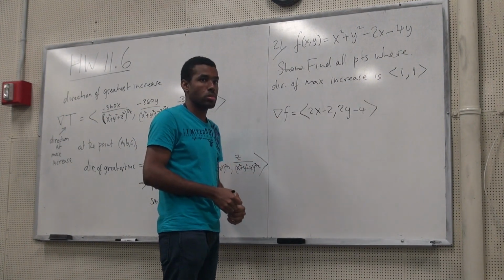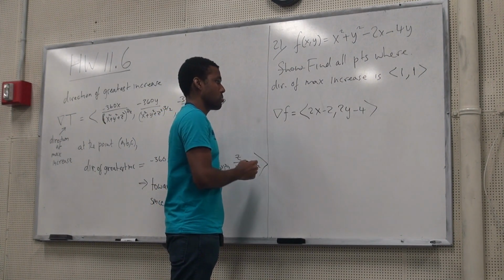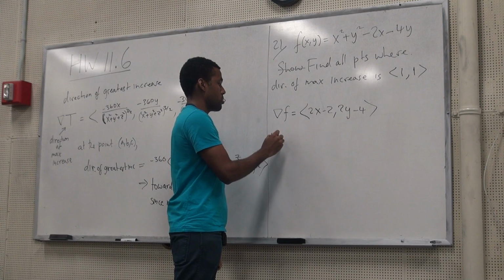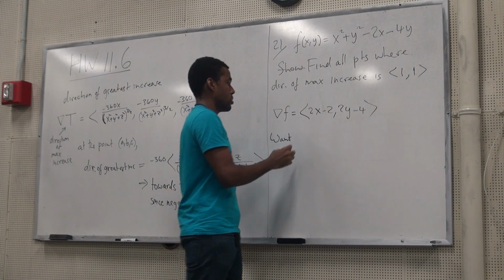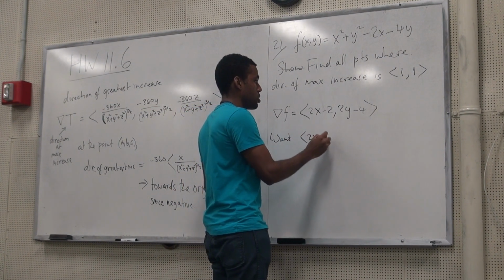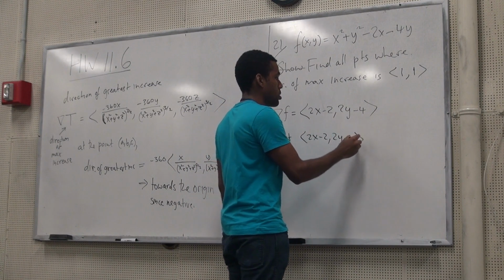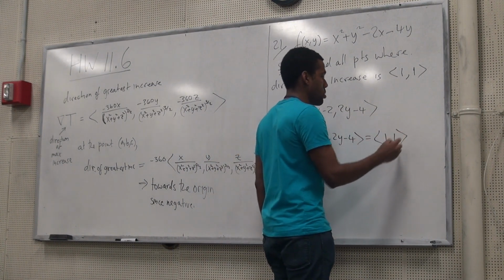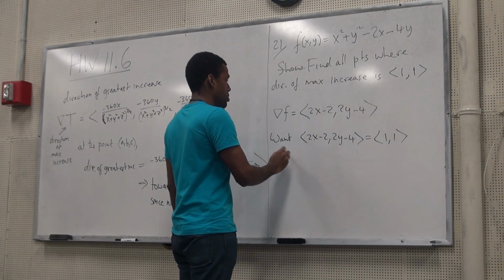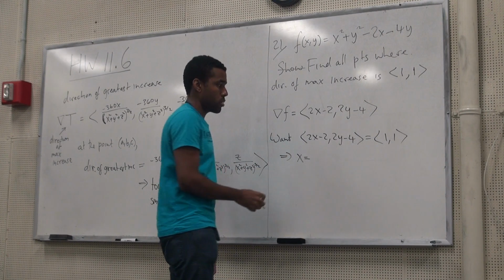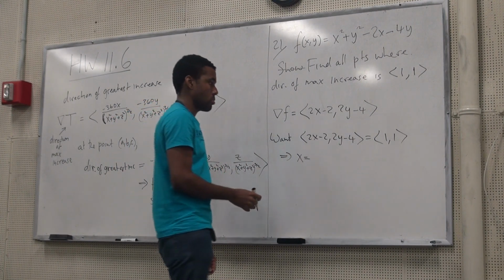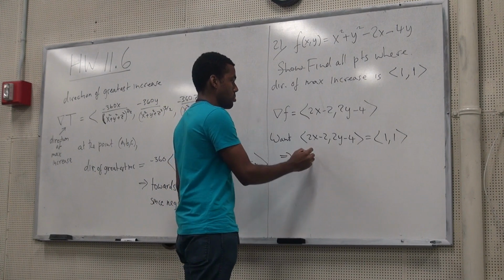So you set that equal to the direction. Basically you want 2x minus 2, 2y minus 4 to be equal to 1, 1. Which means my x must be what? 3 halves.